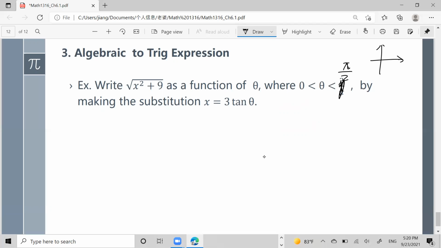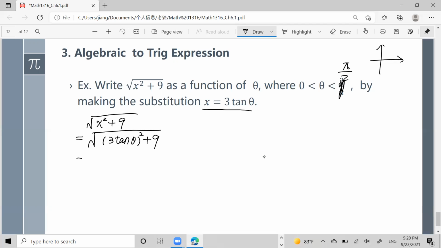By making the substitution x equals 3 times tangent theta. This one is very easy. Just plug in x equals 3 times tangent theta in the expression, and then simplify. So since we know x equals 3 times tangent theta, the expression square root of x squared plus 9 equals, plug it in, the square root of 3 times tangent theta, squared, plus 9.